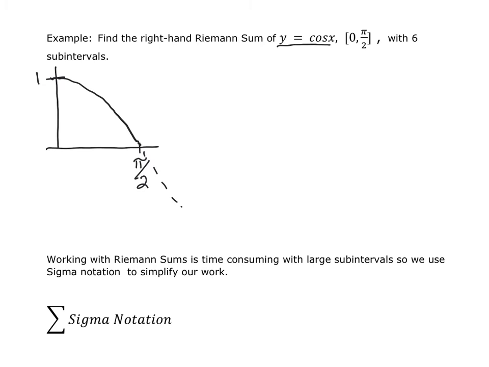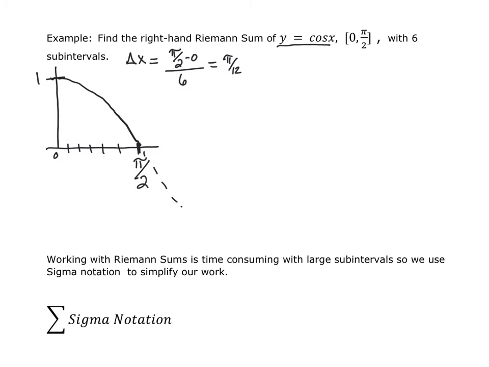I don't know. So we're going to first find the length of our subinterval, which is called delta x, and that's b minus a over n. So in this case, pi over 2 minus 0 over, I said 2, but I meant n, so divided by 6. This is going to give us pi over 12. So this is going to be 0, 1, 2, 3, 4, 5, 6.